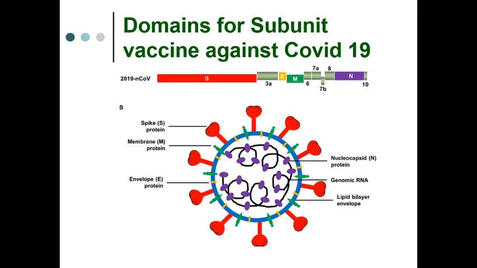The strong candidates for subunit vaccine for the coronavirus are the spike protein, the membrane protein, the envelope protein, nucleocapsid protein, the genomic RNA as RNA vaccine, and the lipid bilayer part of the envelope. All these candidates have been exploited for the production of subunit vaccine against the coronavirus.